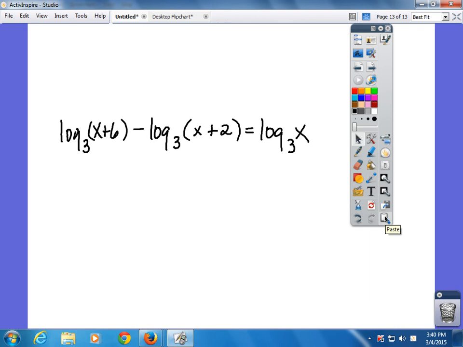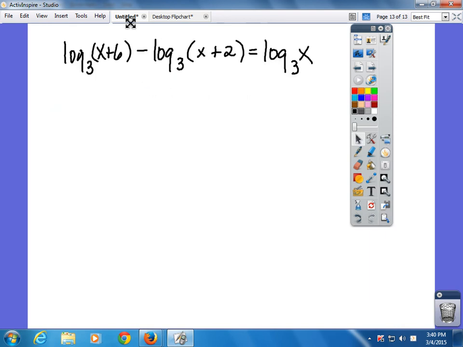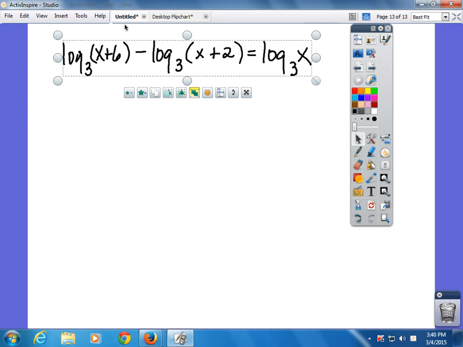All right. Now here's where your properties are going to come into play. First thing you realize is that all of these are log base what?